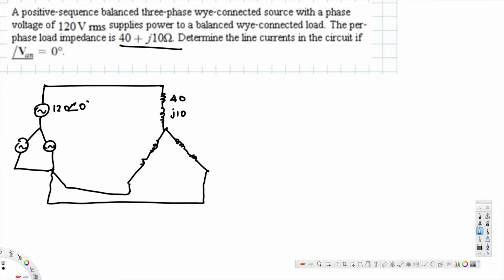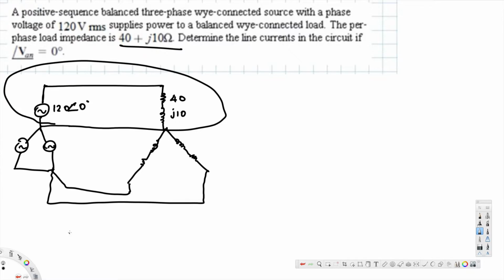Now here the question is asking for the load current. Now the easiest way is you can just take this part alone and make a circuit around that. So if we take a circuit, it's a simple circuit, 120 angle 0, and the impedance is 40 plus j10, connected like this. And we know that V is equal to IZ.